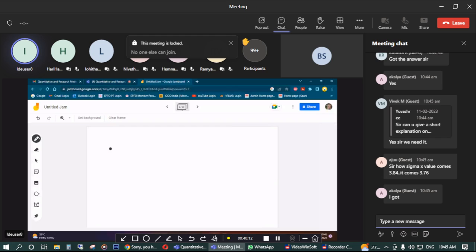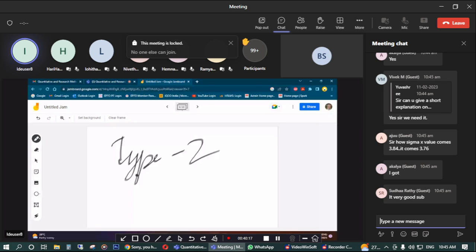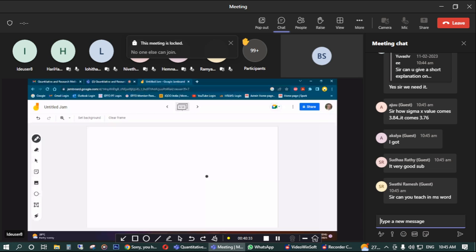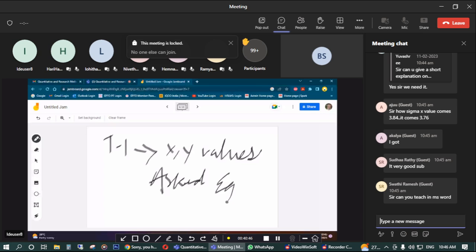Okay. Now I am going to type 2. What is this type 2? In type 1, what did you do? In type 1, they had given the x and y values. They asked you to find out the equation, correct? They asked you for the equation.